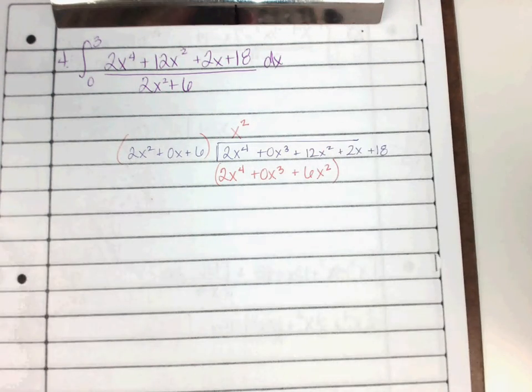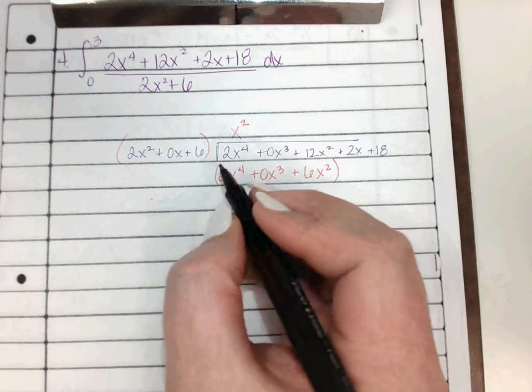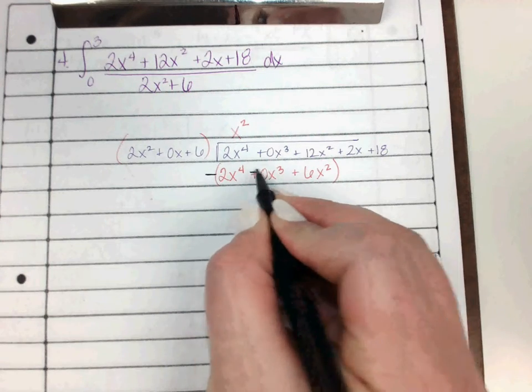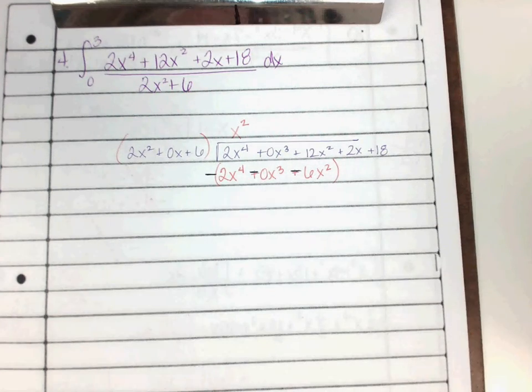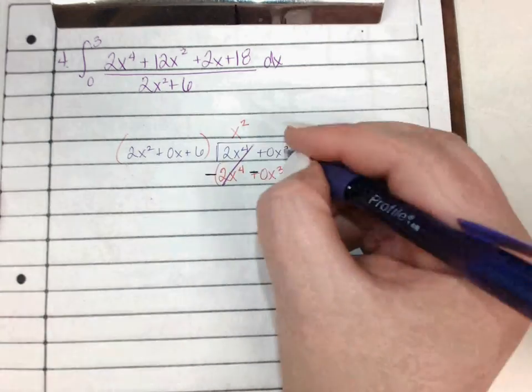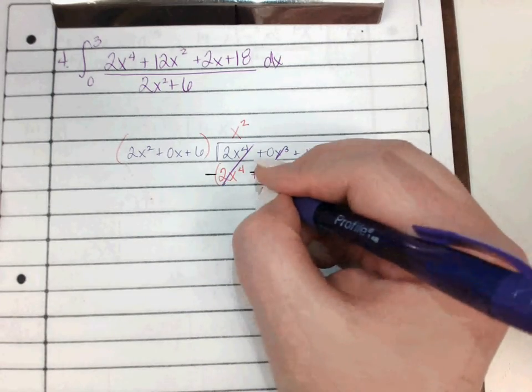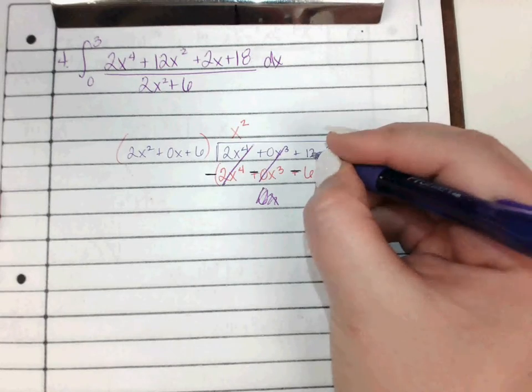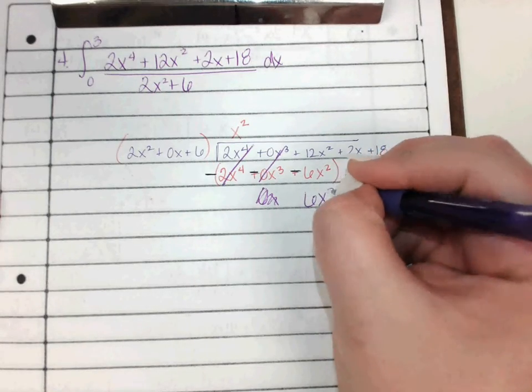Then what do I do with all the signs? Switch it, switch it, switch it. So 2 minus 2 crosses out. 0 minus 0 stays a 0, which I'm not even going to put. And then 12 minus 6 gives me 6x squared.